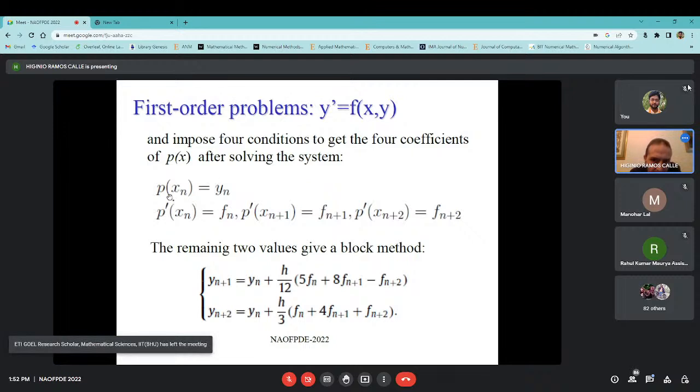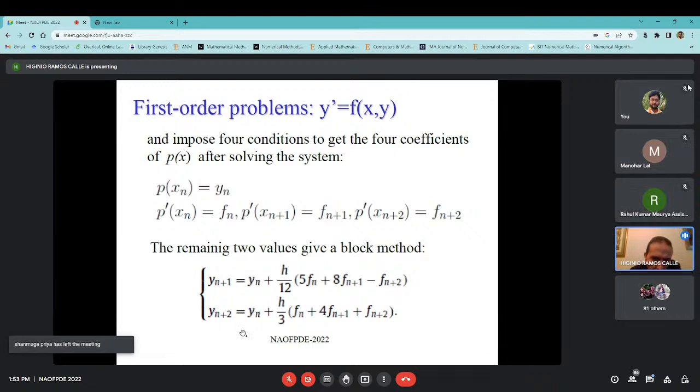So we have these four equations using the pieces of information we have, and we solve this system to get the coefficients. And after that, putting the coefficients, we approximate the polynomial at xn plus 1, xn plus 2, and we obtain the two approximate solutions of our problem. So this is a two-step block method.